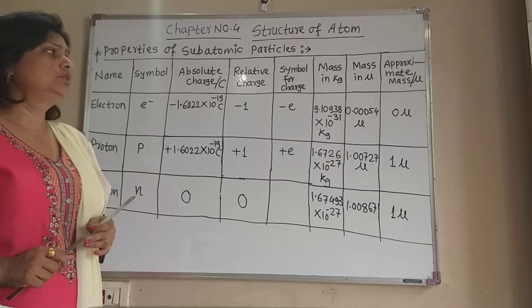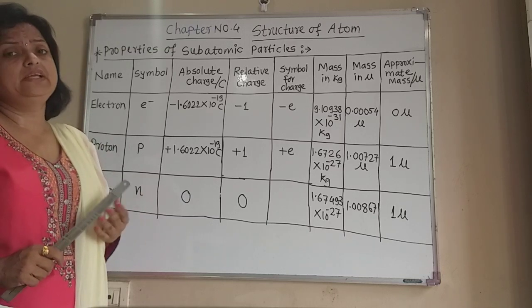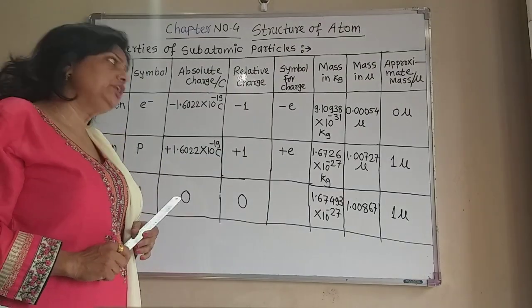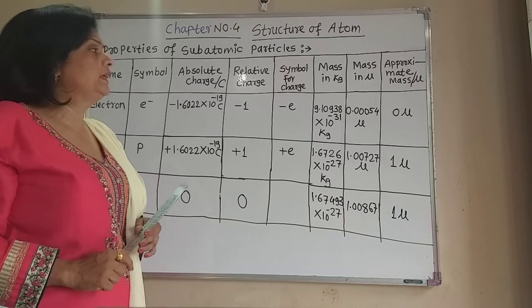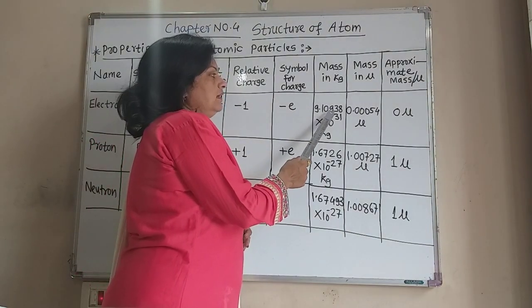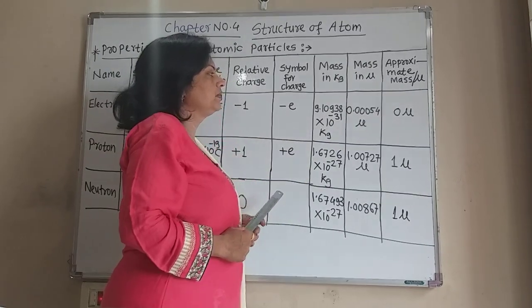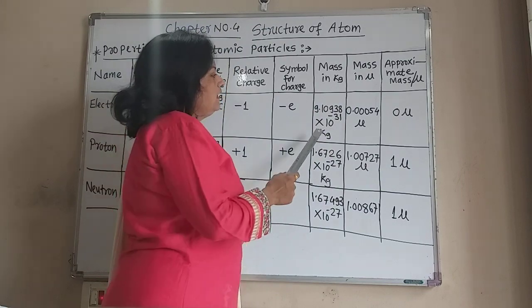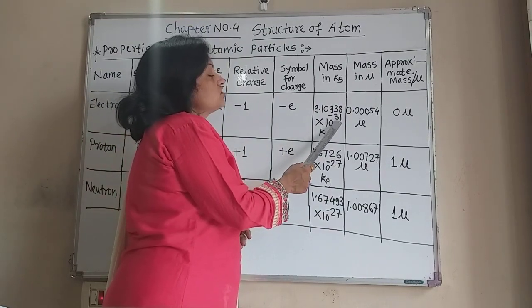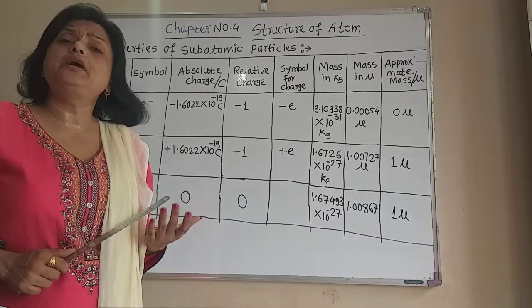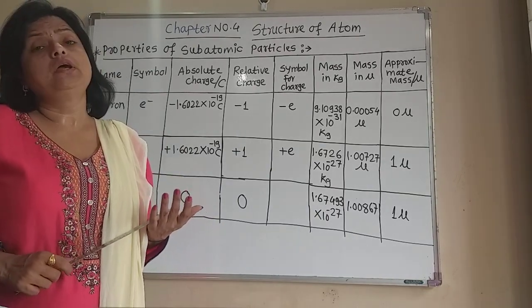But in kilogram, the mass of the electron is 9.1093 into 10 raised to minus 31 kilogram. See what a negligible mass in kilogram of the electron.